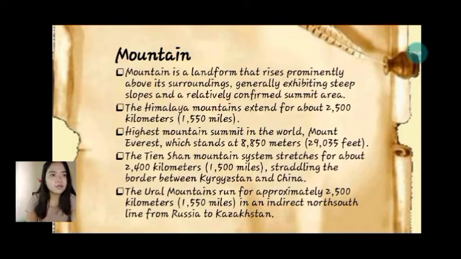It is about 2,500 km or 1,550 miles. It separates the Indian continent from the rest of Asia. The Indian subcontinent, once connected to Africa, collided with the Eurasian continent 50 million to 55 million years ago.